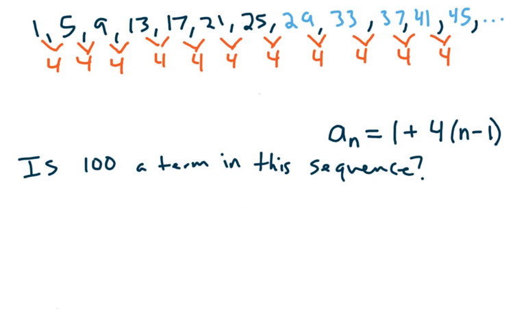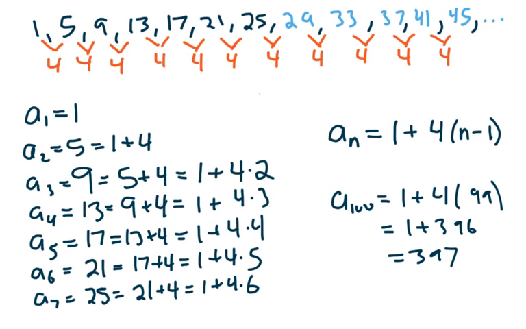So here's another type of question I might ask you for something like this. Is 100 a term in this sequence? If you have discovered the nth term formula, then this is as simple as setting up an equation and solving it. You may have noticed that for all of these terms, the index, the subscript, is only allowed to be natural numbers.